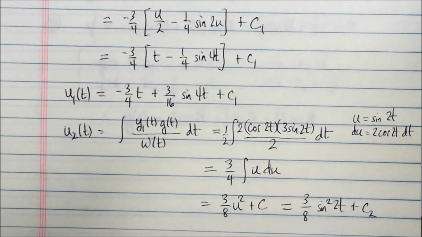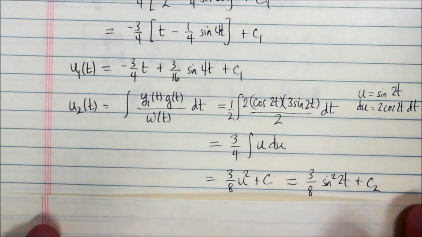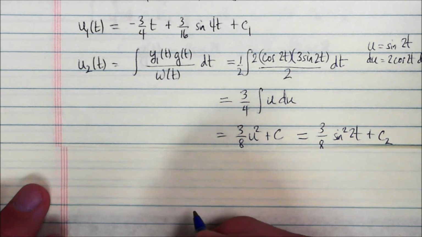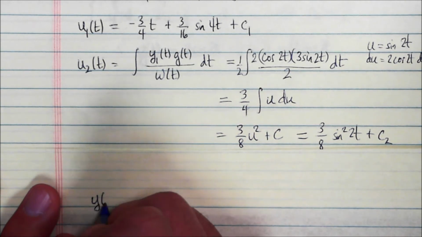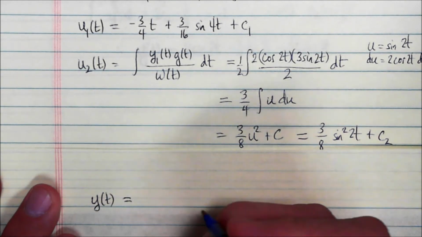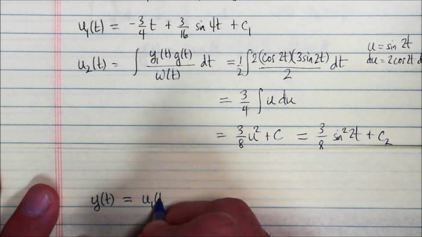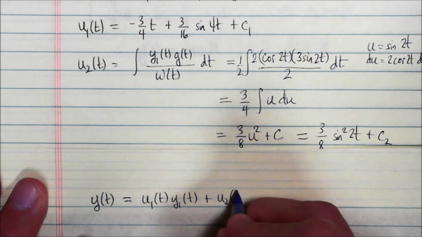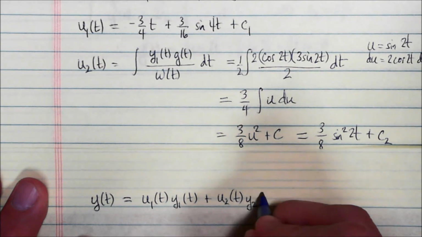Okay, so on screen now we have the two functions that I need, u1 and u2. So that means that I can set up my solution of the differential equation y of t to be equal to u1 of t times y1 of t plus u2 of t times y2 of t.